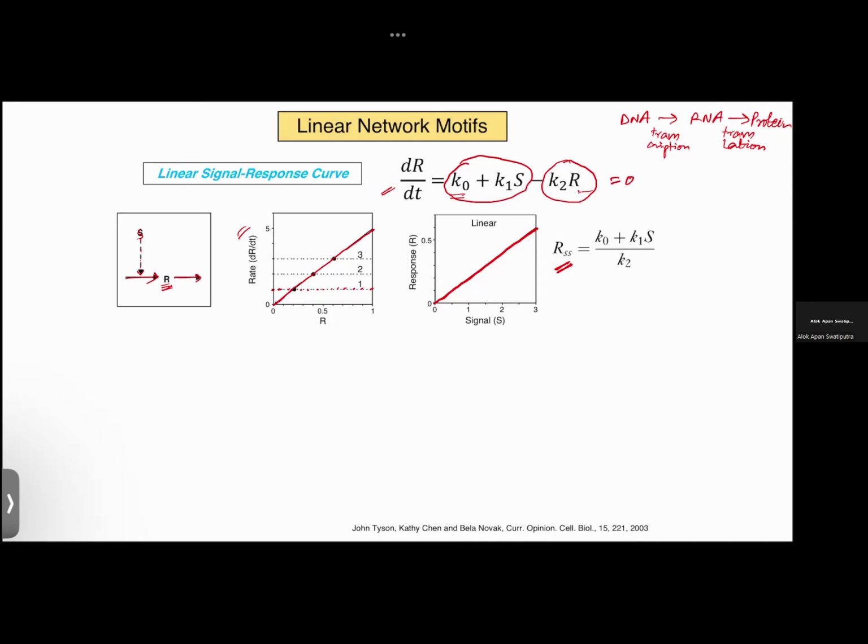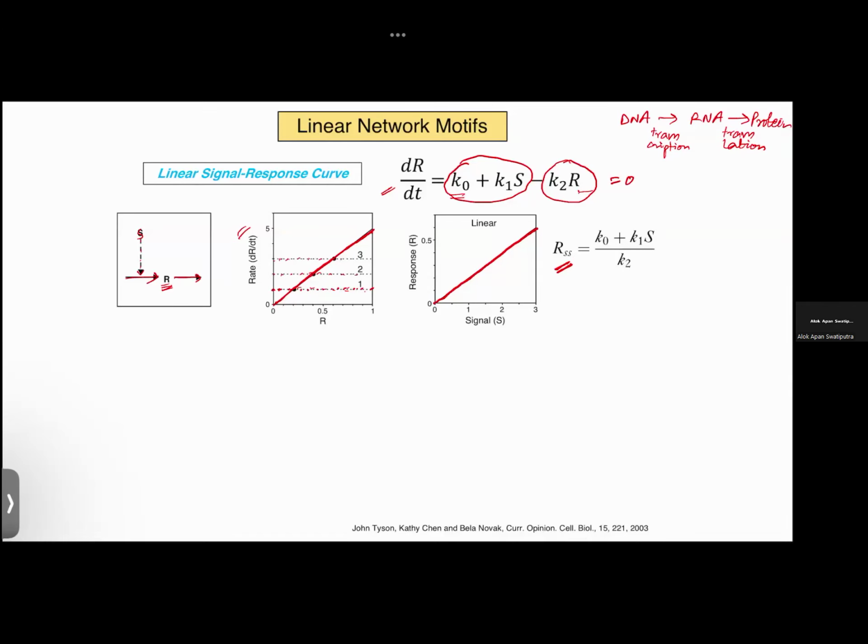So the K2R is fixed here, and if you slowly increase S, this K0 plus K1S will shift. For example, at S equal to 1, you will have the lowest dotted line. When you put S equal to 2, you will have one here.